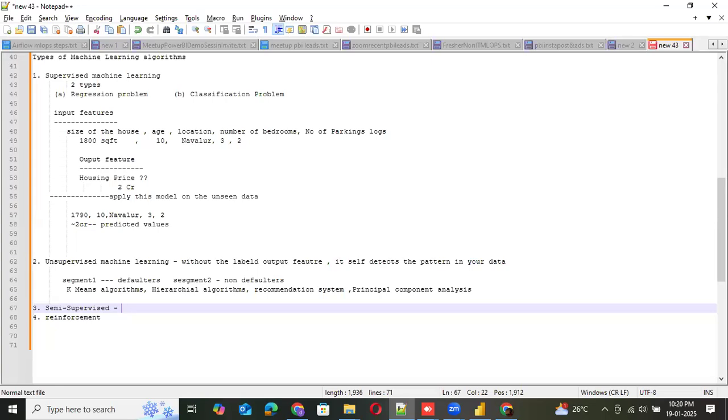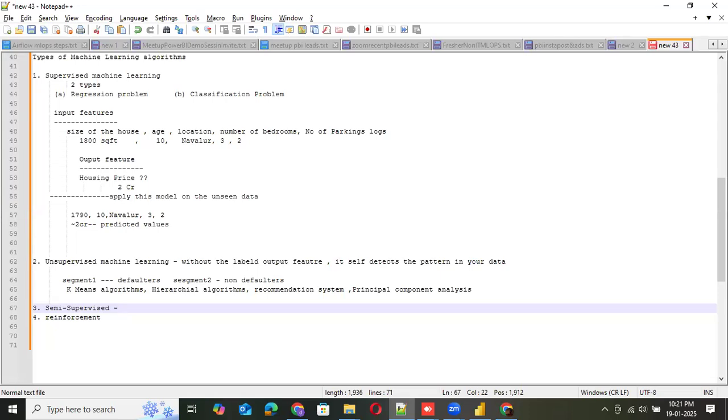For the remaining records, they did not give the labeled output feature. That is called semi-supervised, because you don't have the labeled output feature for the entire historical data.